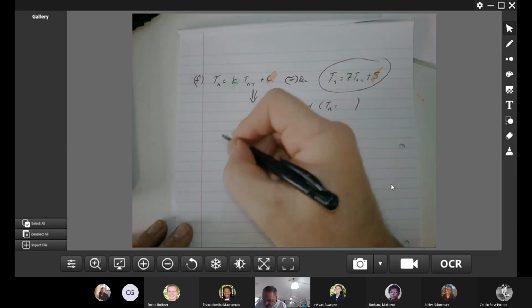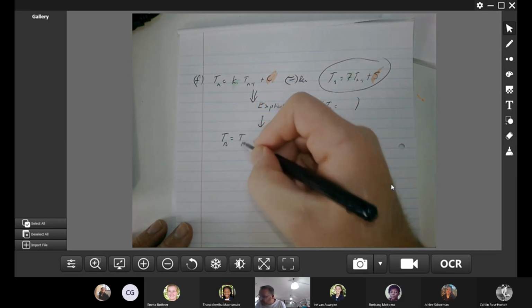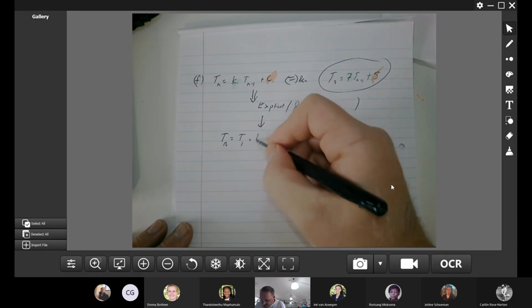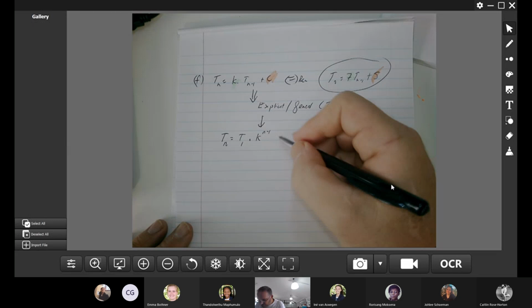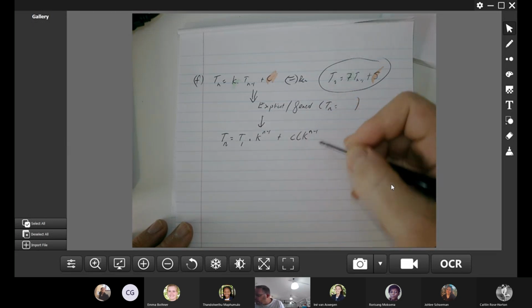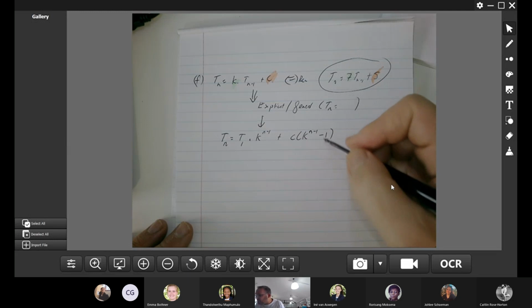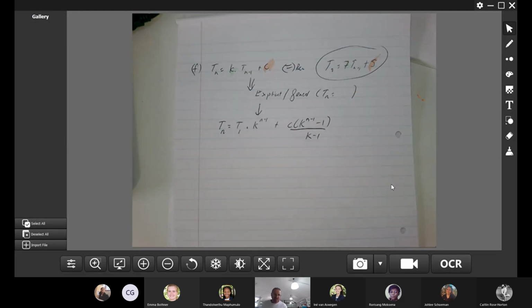We will always give it to you in the question, which says Tn is equal to term 1 times k to the n minus 1 plus c times k to the n minus 1 over k minus 1. So that is the formula we're going to use.